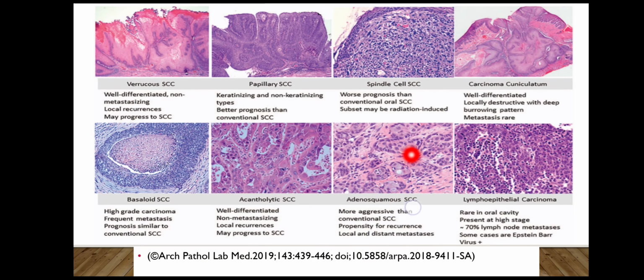There might be local and distant metastasis. It is called adenosquamous because there will be nests of cells showing holes or lumens, which gives it a glandular appearance. So adeno refers to glandular, squamous refers to the rest of the squamous elements.